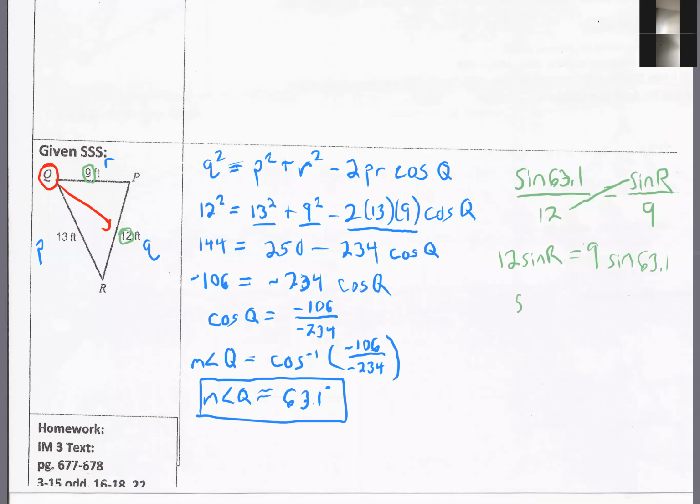And then sine R is going to equal 9 times sine of 63.1 divided by 12. So the last step to get R by itself is to take inverse sine of both sides. So you're going to do inverse sine of 9 sine of 63.1 over 12.